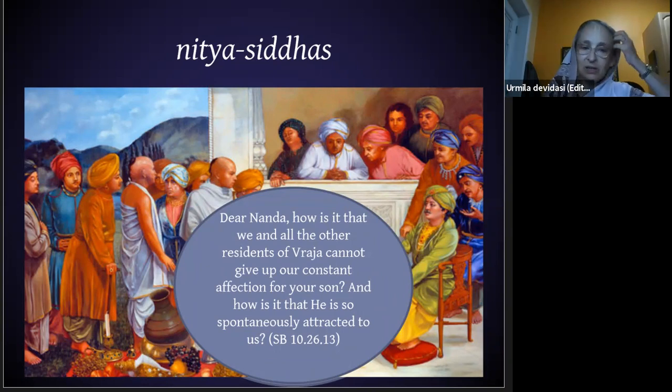So some of you asked a question about this, that how does this question of the cowherd men indicate that Krishna is the Supersoul, that Krishna is God? It's because this kind of attraction cannot exist between jivas. It can only exist between the jiva and God. We find in the Brahma Vimohana Lila, when Brahma stole the boys and the calves, and then Krishna expanded as the boys and the calves.